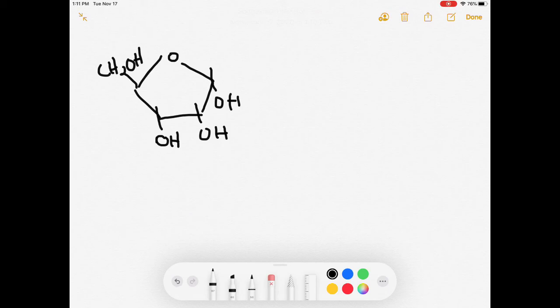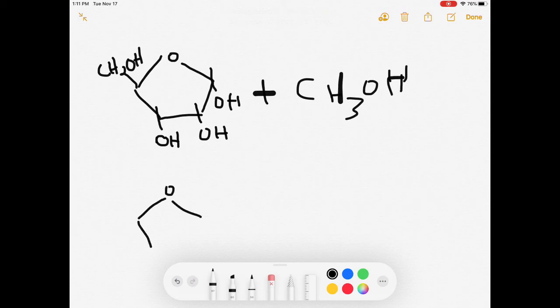Okay, so we're going to react that with methanol. Okay, so it's going to react right here. So we're going to get the OCH3 right here for the alpha anomer, OH coming down here. So all this stays the same.